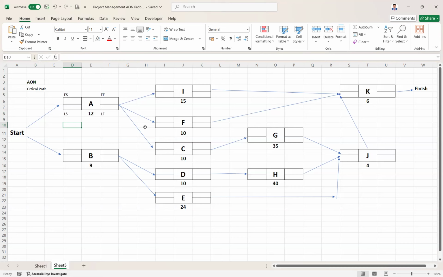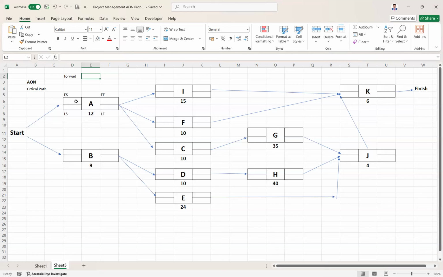Okay, let us simply move on. Starting from A, we are going to start the forward pass, the same forward method to calculate the critical path. Forward means we are moving from start to finish. Starting doesn't take any time. So for A, what is the starting time? 0.